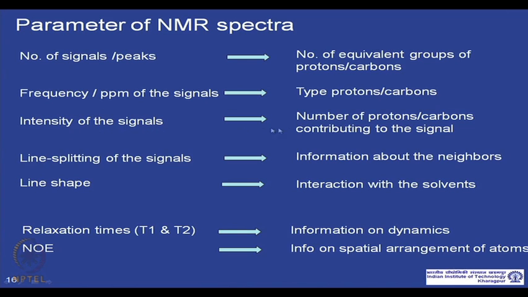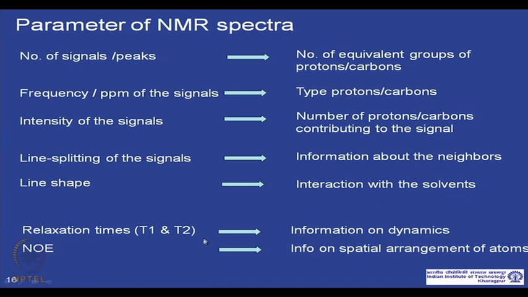Intensity of the signals will be proportional to the number of protons or carbons contributing to the signal. So, obviously, the signal from 2 protons will be double the signal from 1 proton. The signals can have splitting, which gives the idea about the neighbors, and the line shape, whether it is sharp or broad, gives an idea about the interaction with the solvents.